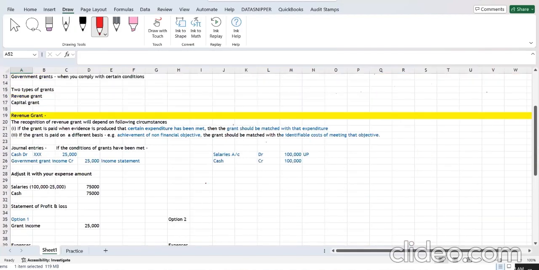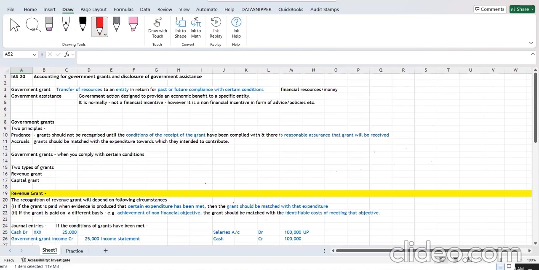Or I would follow my accruals principle. What does the accrual principle say? That if expenditure is incurred, you want to match the grant income with the expenditure.